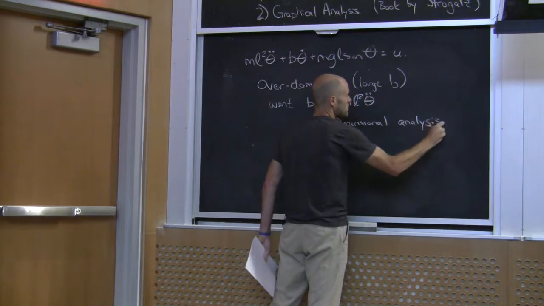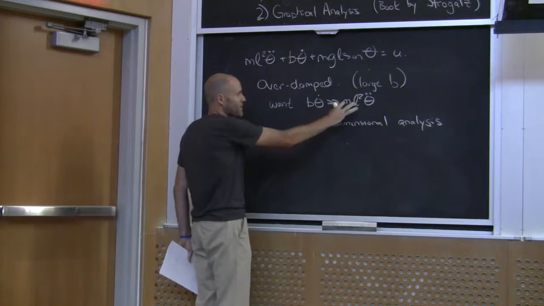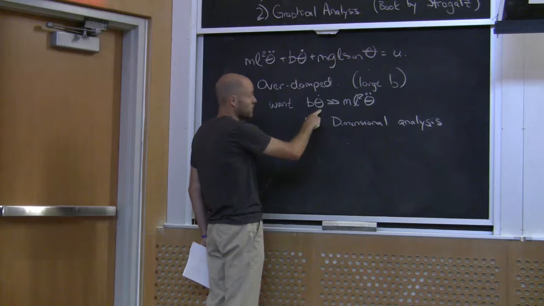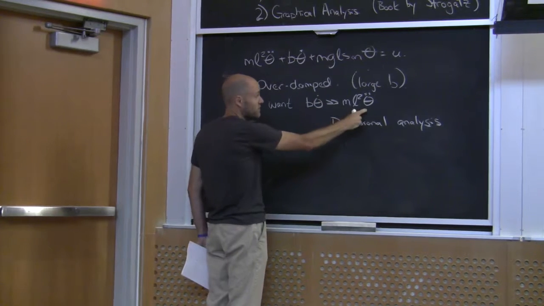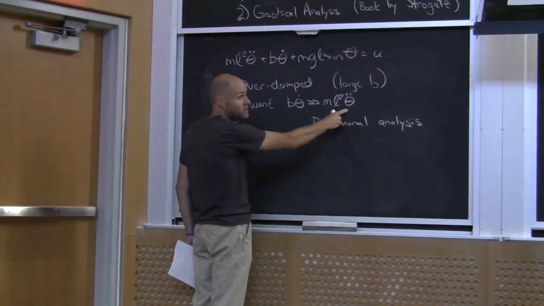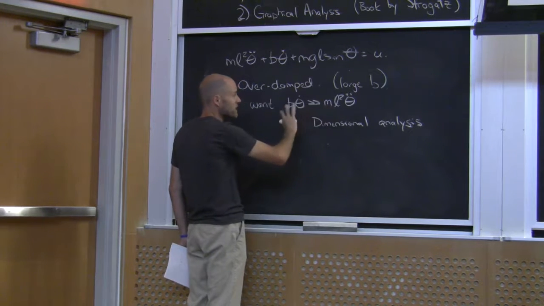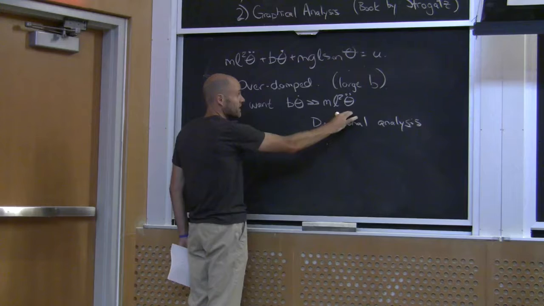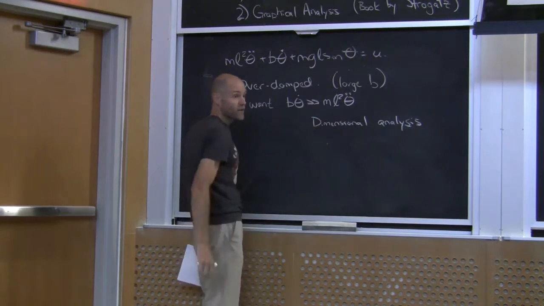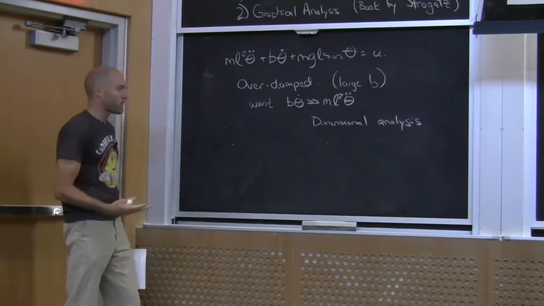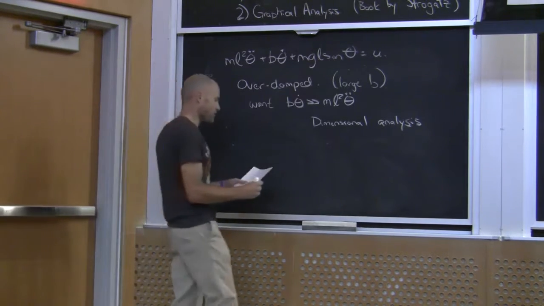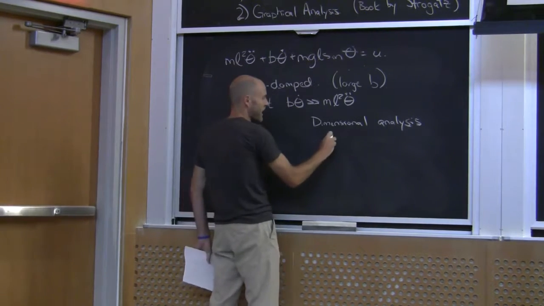B and ML squared have different units, right? Because this one's multiplied by 1 over seconds, this one's by 1 over seconds squared. So to make them in the same units and make some general statement beyond the specific current theta dot and theta double dot, I want to put in something that makes the units match, right? So I can use a characteristic time constant.